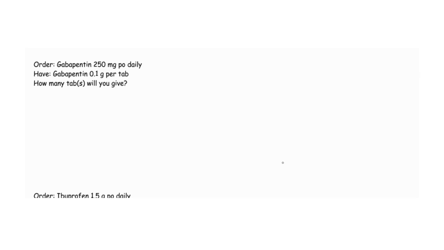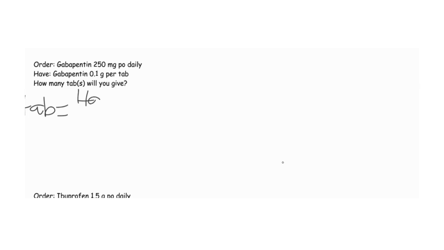So let's keep going here. We have gabapentin 250 milligram PO daily. We have available gabapentin 0.1 gram per tab. How many tabs? So let's go right into setting it up. We got our tab. That's what we're looking for.